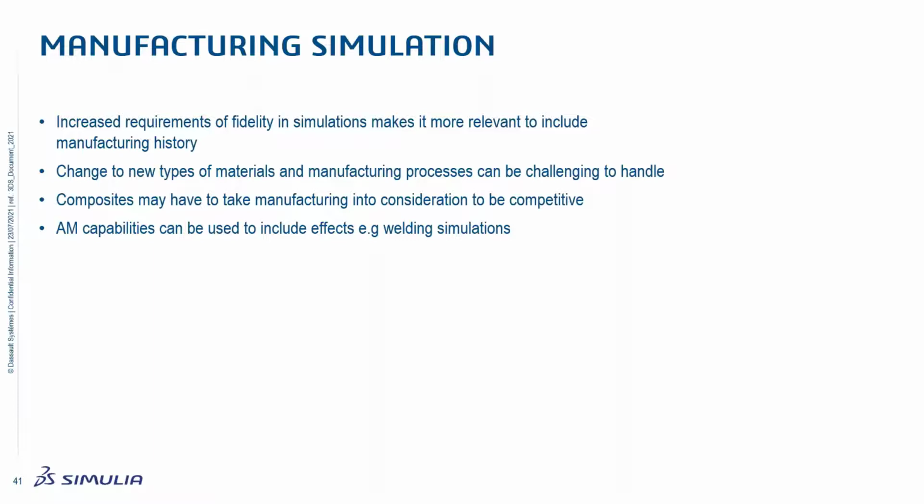So these AM capabilities that we have developed for the software products, which I talked about just briefly recently, can come very handy in including, for example, effects of welding simulations that may play an important role in the final state in terms of stresses and strains and so forth in our products.